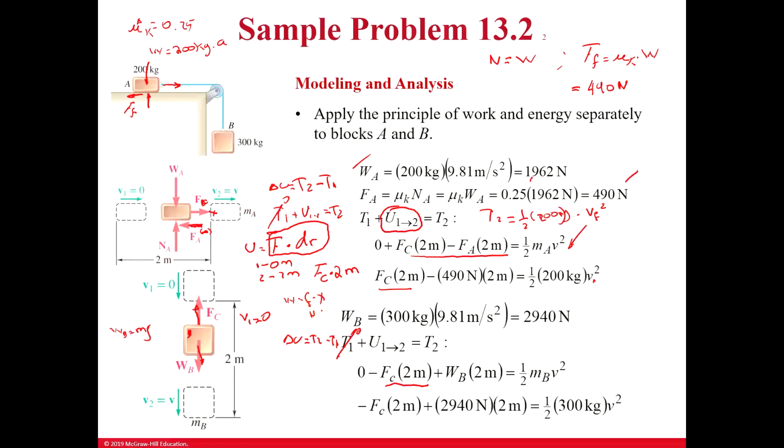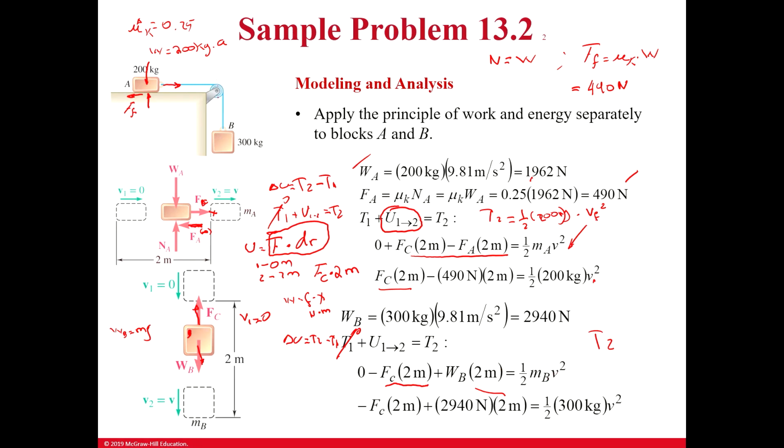This is in newtons, and this is in meters. Newtons times meters is joules. Then on the other hand, we have the same situation from the weight of the box at B, the second box. We did the same for A, now we're doing it for B. So it's going to be 2,940 newtons times 2, and equals the kinetic energy at point 2, which is 1/2 of the mass at B, which is 300, times the velocity squared.